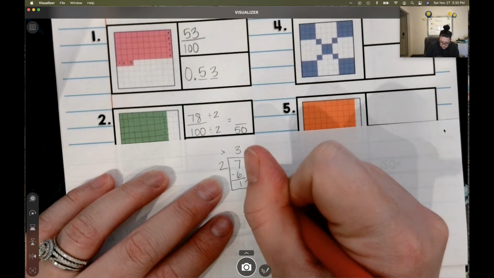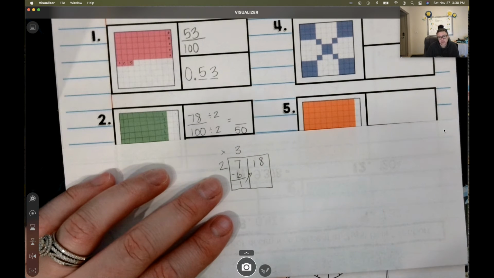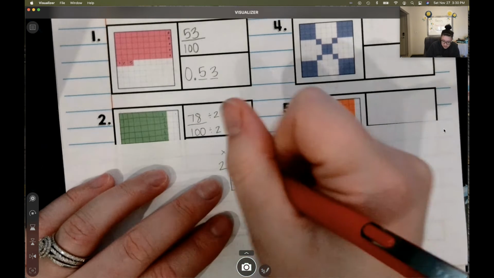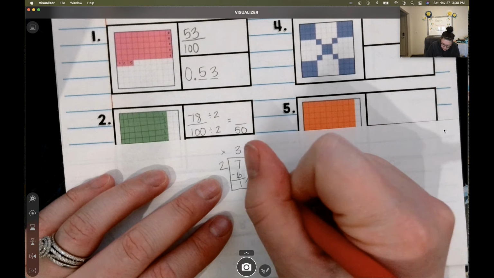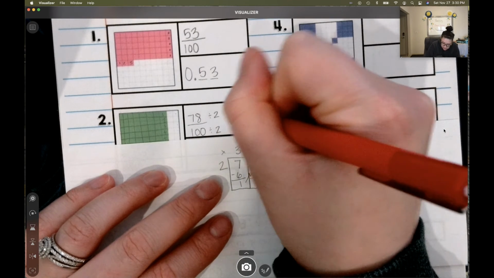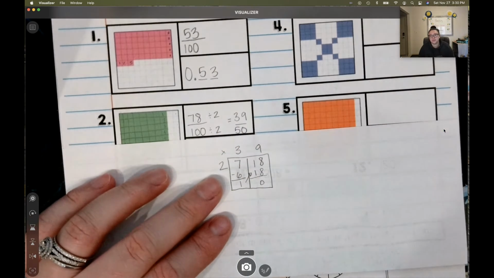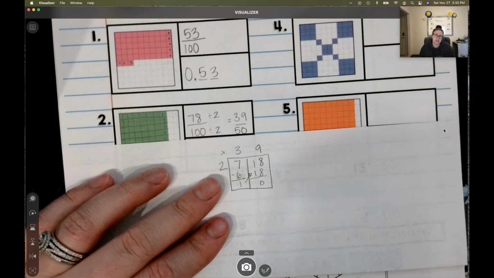I subtract and carry. How many times does 2 go into 18? 9. We subtract and it comes out pretty. So 78 divided by 2 is 39. Can I simplify 39 and 50?